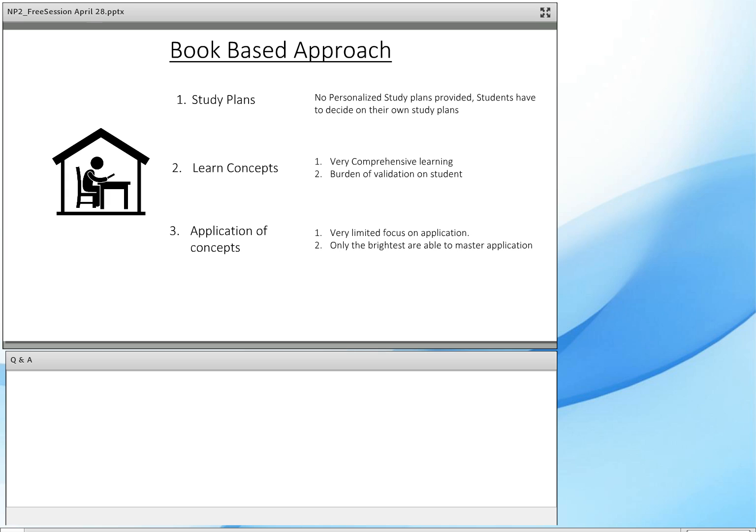As a result, people who study using books solve hundreds and hundreds of questions to master application, and only the best and the brightest are able to do that. Similarly, when it comes to evaluating whether you've mastered a certain topic, such as number properties, divisibility and remainders, or word problems with geometry, people who study using books take mock tests. And even then, that onus of evaluation is completely on you.